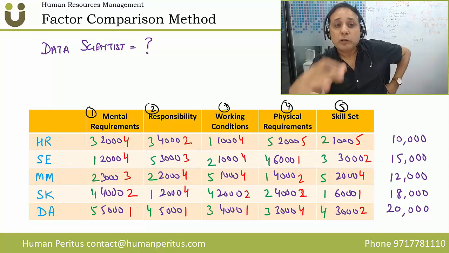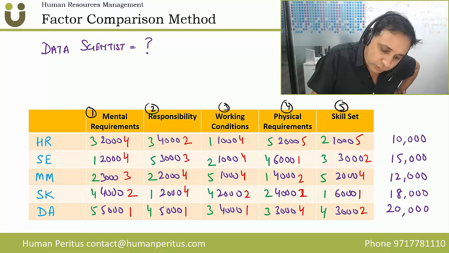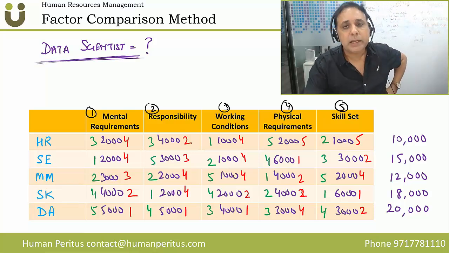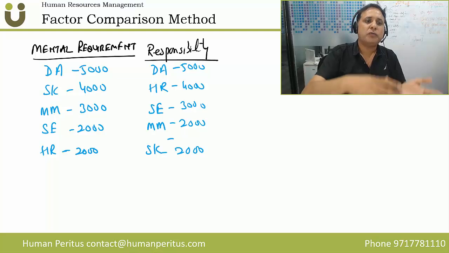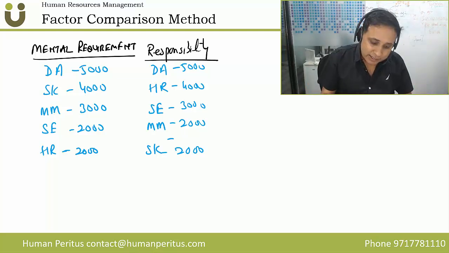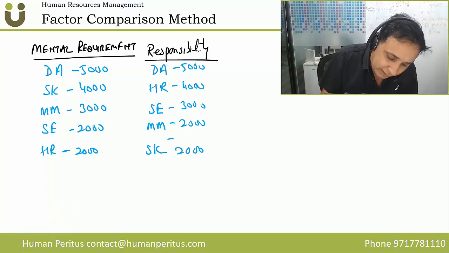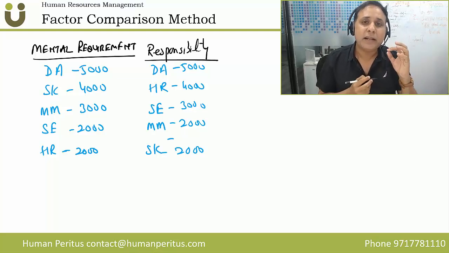So what was our objective? Our objective was to evaluate data scientist. So guys, I look at the job description of data scientist. I already know the job descriptions of these 5 jobs, so I look at the job description of data scientist and try to see where data scientist fits in.